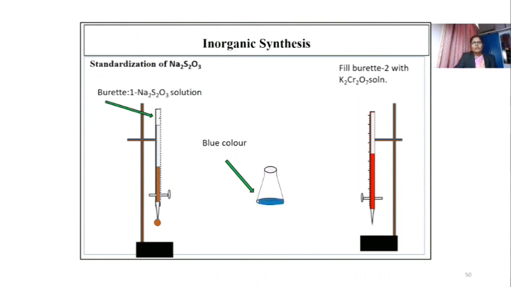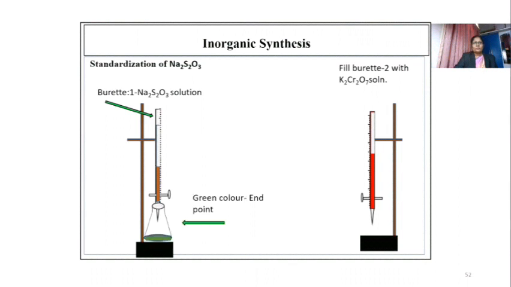And now continue the titration with same burette number 1. Do not refill the burette. The end point of the titration is from dark blue to green. Record this reading in observation table as x1 ml.